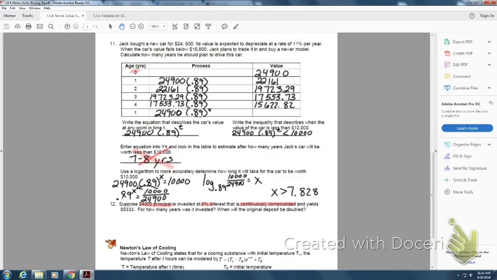A equals P e to the rt. And it yields, or the final amount is 5,333. The 5,333 number, that's the final amount. My initial was 4,000.